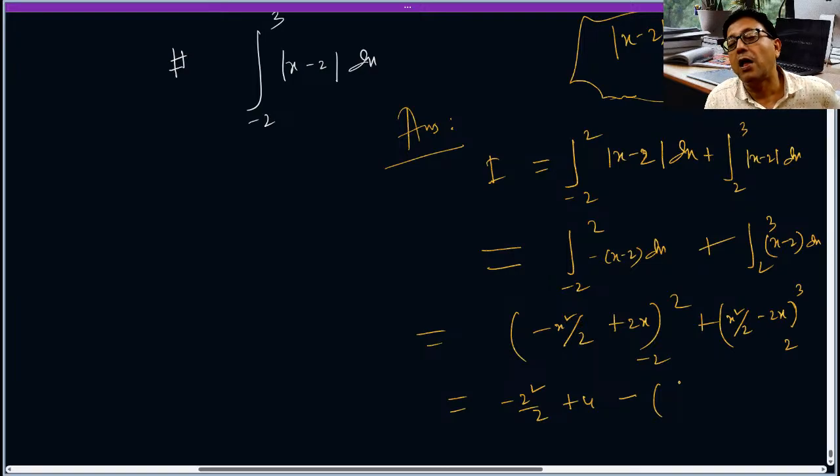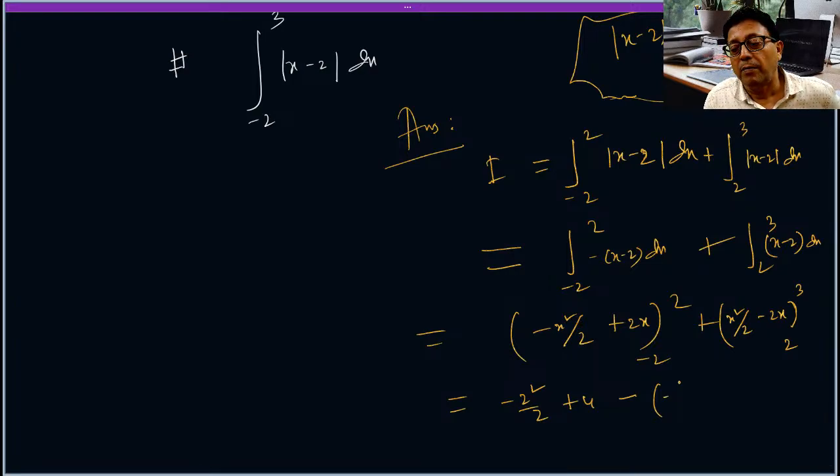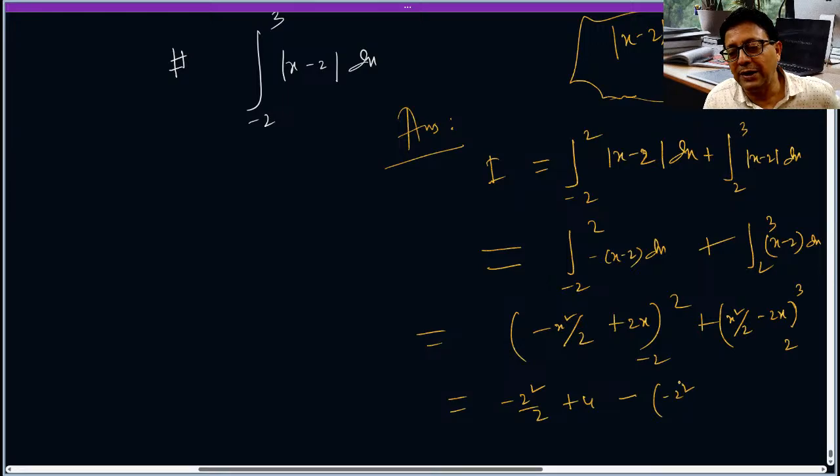minus 2 square by 2, and here 4 by 2 minus 4.